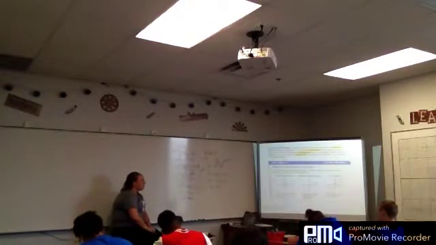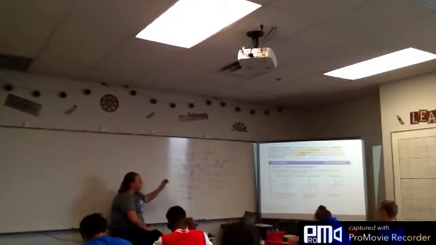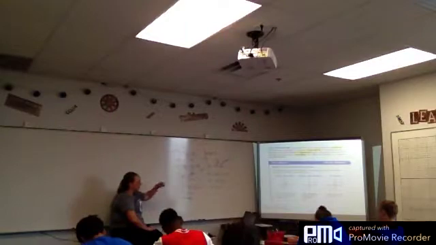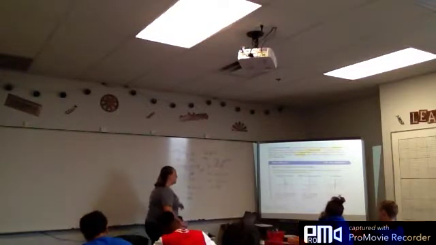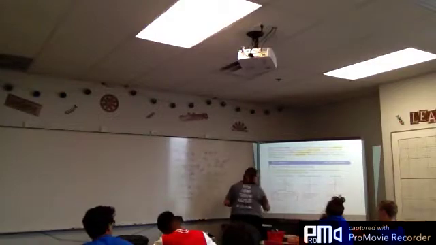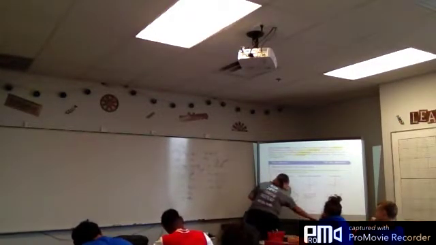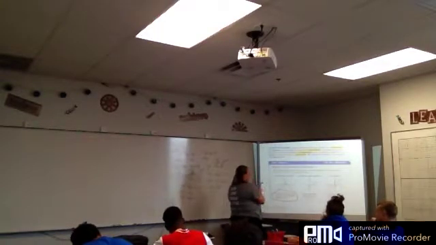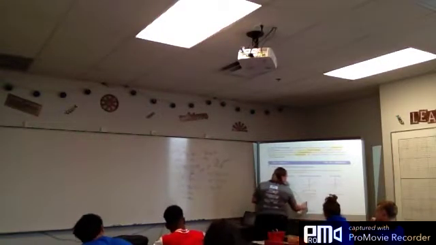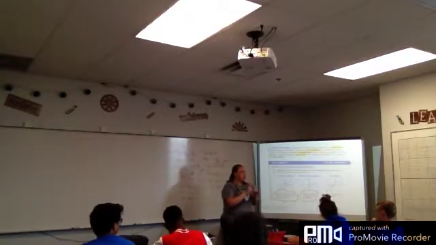So when you have exactly 1 solution, those lines intersect all at 1 point. It's called a consistent and independent solution. When my lines overlap and are on top of each other, those lines coincide. It's consistent and dependent because they depend on one another.